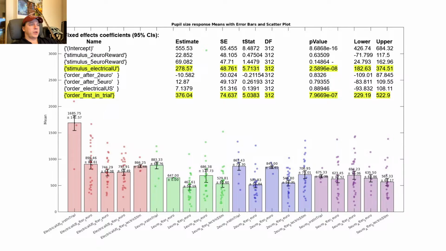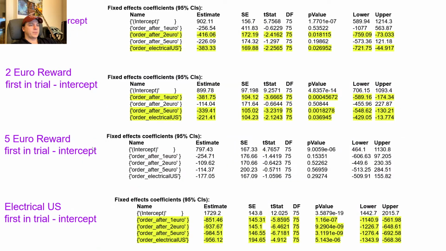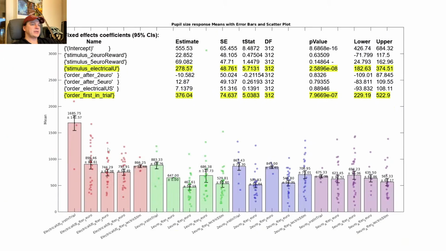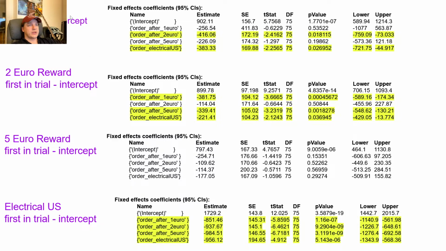And now we analyzed again like previously, but not by blocks, by values. So let's first analyze the 1 euro. Here we can see that 1 euro had a lower effect when it was after 2 euro, and a lower effect when it was after electrical stimulation.